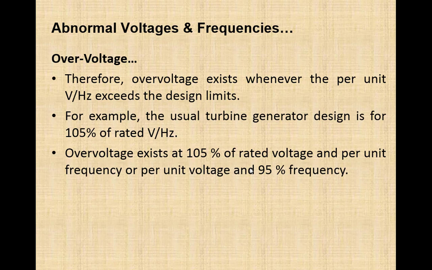It will monitor voltage and frequency and take the ratio, and based upon the value of the calculated ratio, a decision will be taken. That ratio should not go beyond 1.0 per unit or 105%.